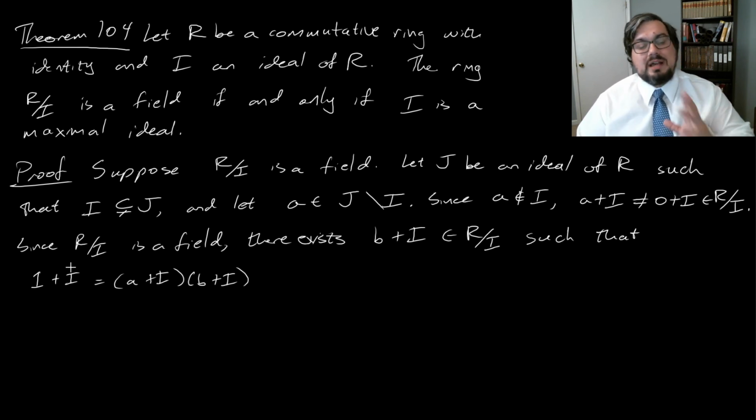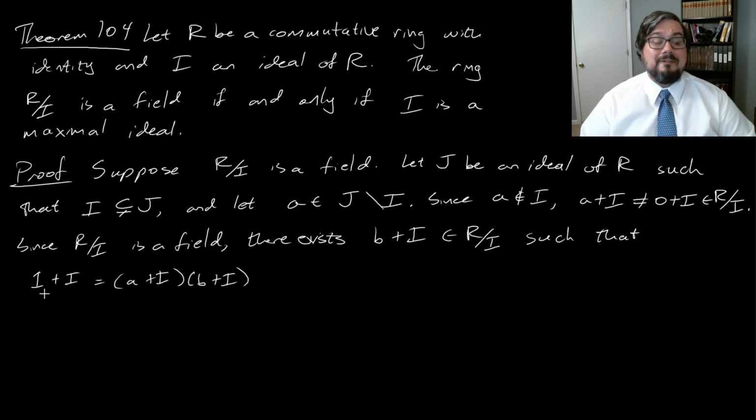Now, again, it's an exercise to show that the multiplicative identity of the factor ring R mod I is just 1 plus I, where 1 is the unity for R.